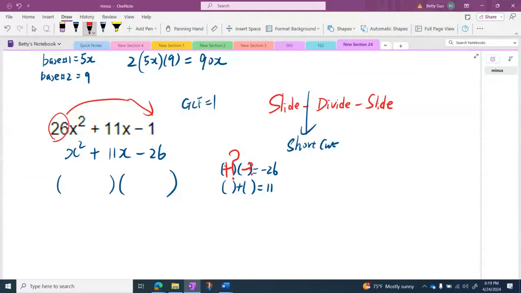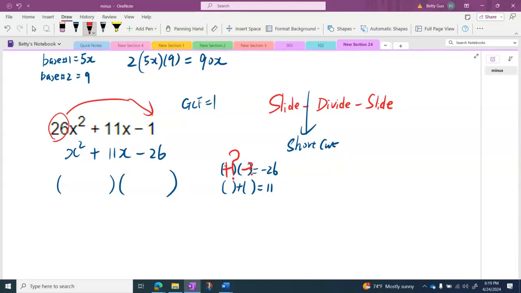Okay, this is case number 3. Two integers multiply to negative, add up to positive. Then the two integers have opposite sign. The positive number has a bigger absolute value.